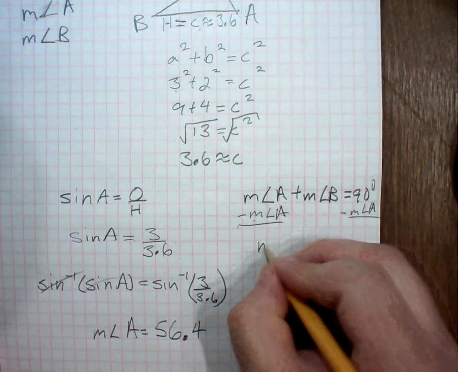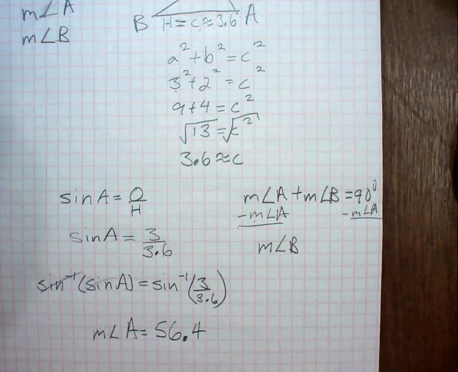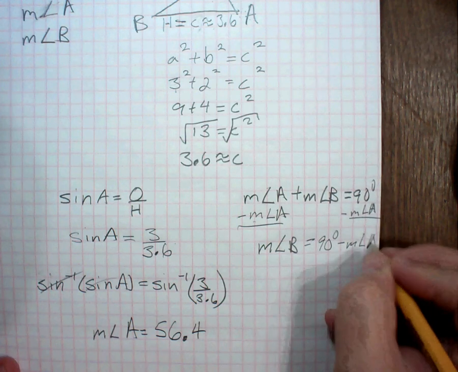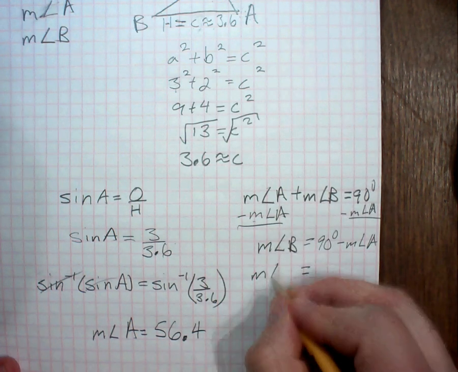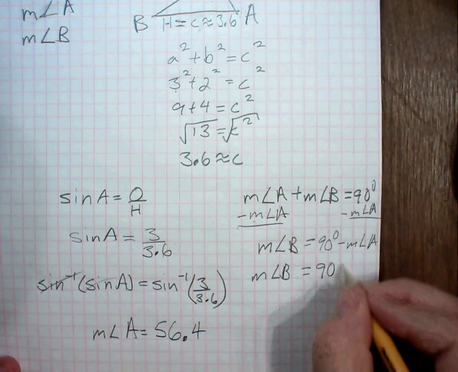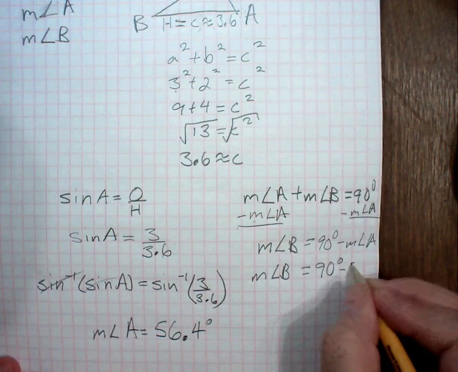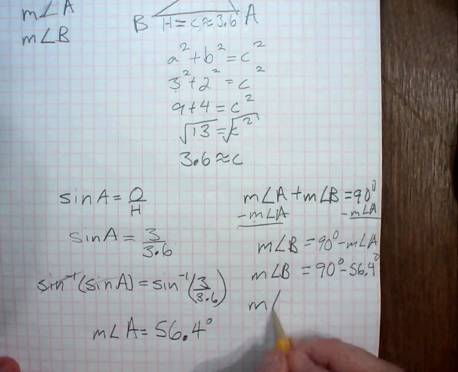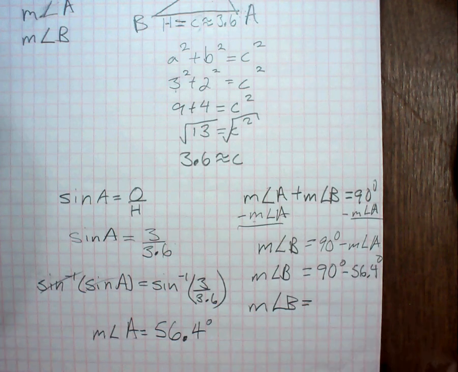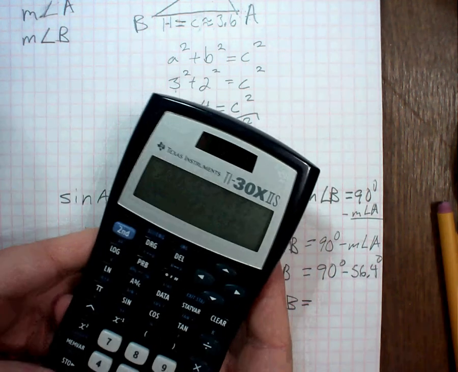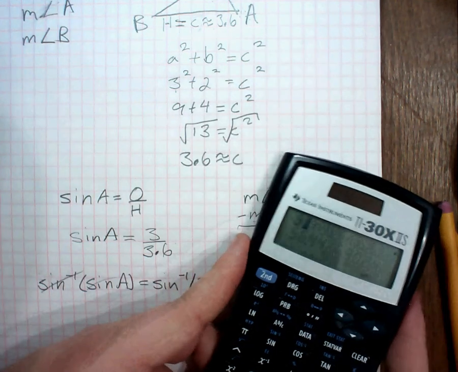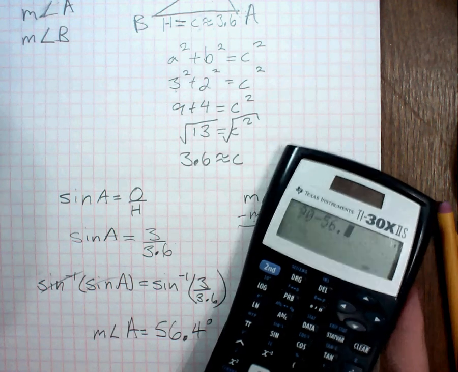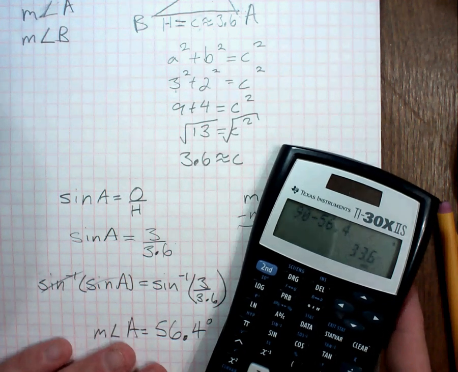And that leaves me with the measure of angle B is equal to 90 degrees minus the measure of angle A. So the measure of angle B is equal to 90 minus 56.4. So I'm going to say 90 minus 56.4, 33.6.